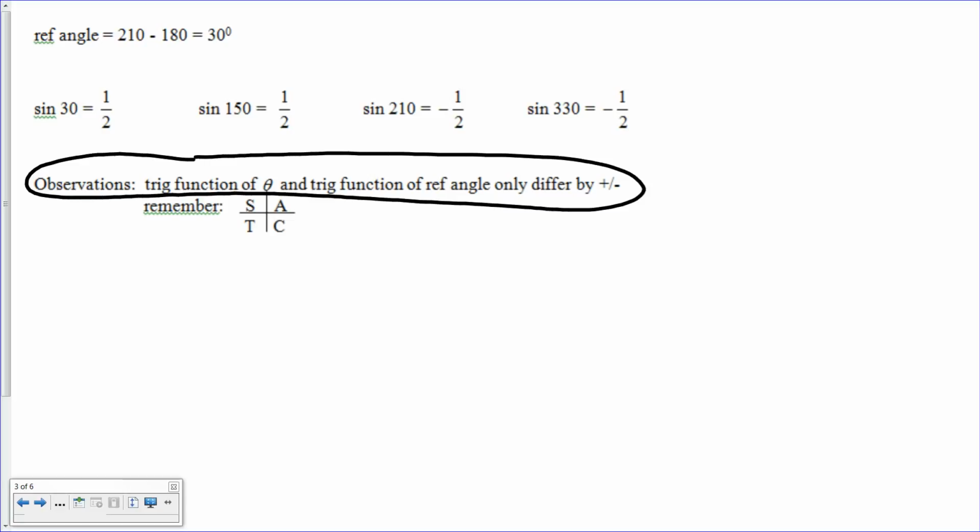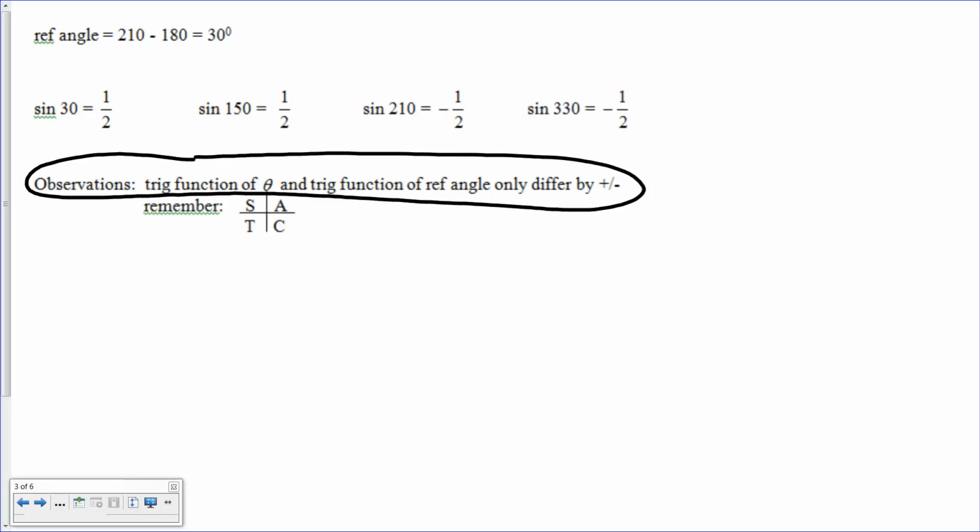The way I know if it's positive or negative is by Santa Claus. That tells me that I want to take my trig function of an angle and rewrite it as a trig function of a reference angle and then evaluate that if it's positive or negative.